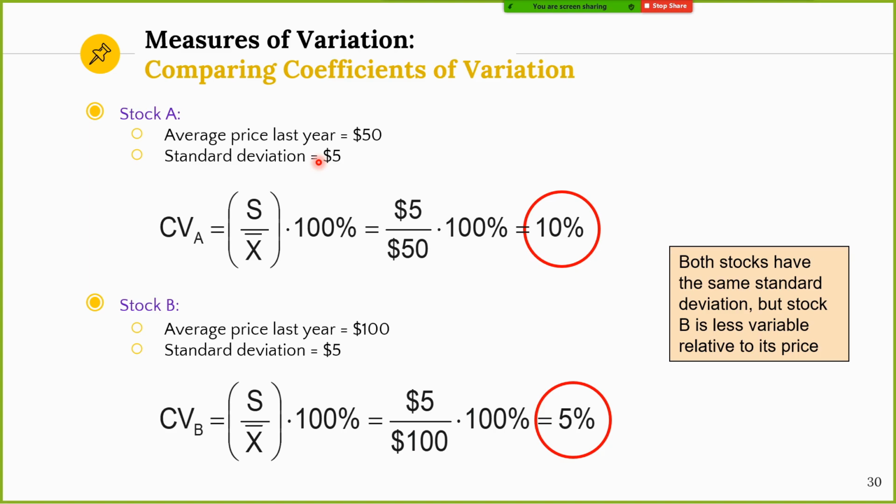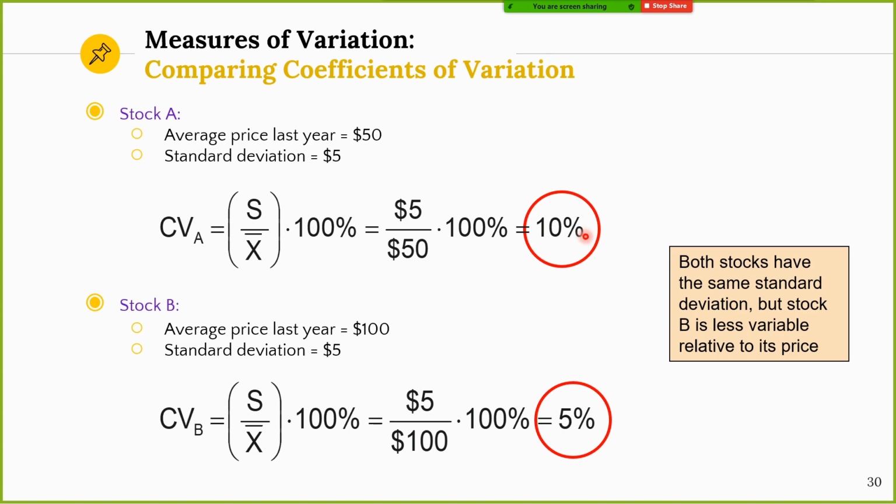Over the past year, the price could change from 50 to 51, 52, 53, 55, and so on. So to calculate this is quite simple. You have the standard deviation of 5 divided by the average price last year, 50. Multiply by 100%, so you'll have 10%.